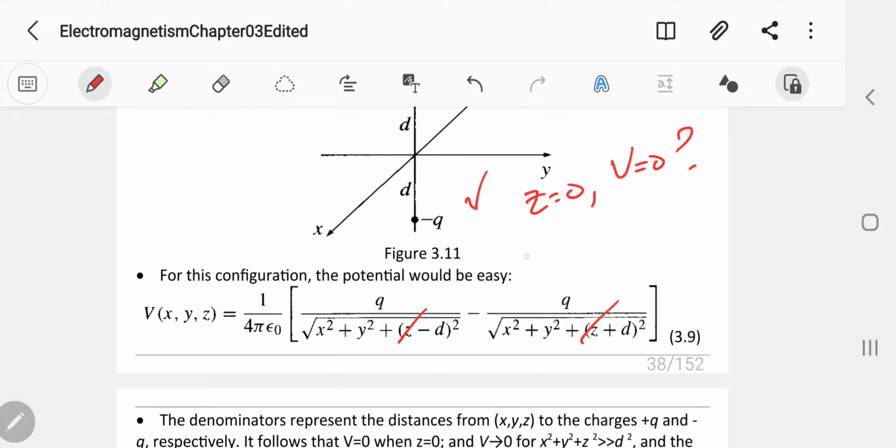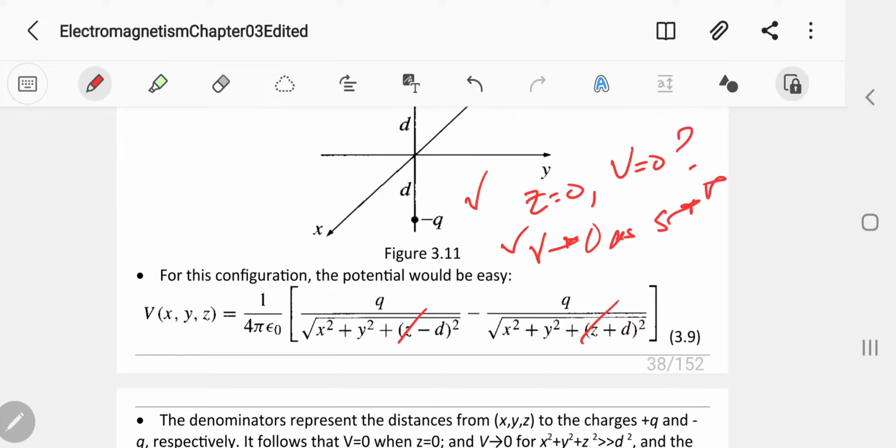How about, does this approach 0 as the distance from the origin approaches infinity? Yes, of course, this approaches 0. So it satisfies the boundary conditions.